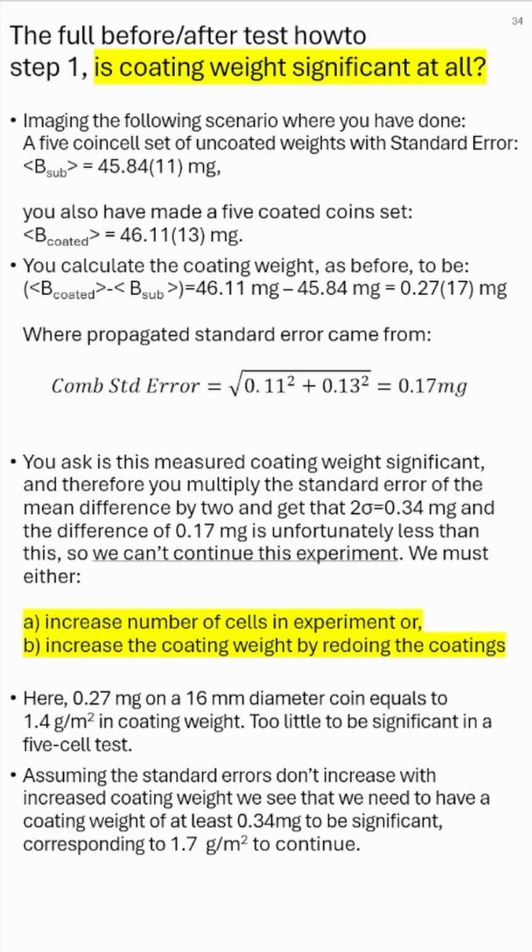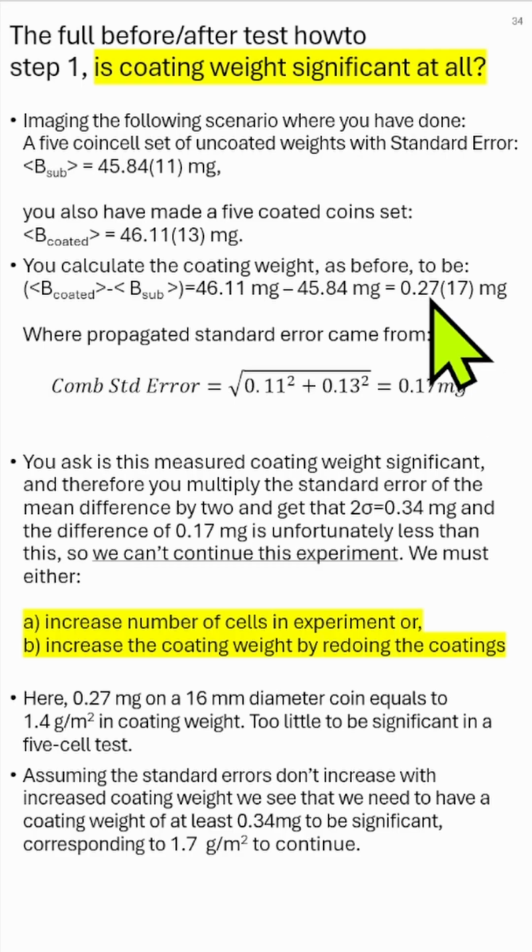So step 1 in this full comparison guide is we need to check, is the coating weight significant to start with? So let's do this with the test we have practiced. This means that the difference must be larger. The difference is the coating weight, right? That was 0.27 milligram.